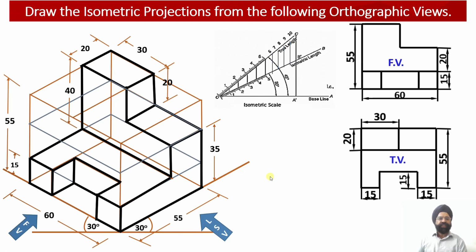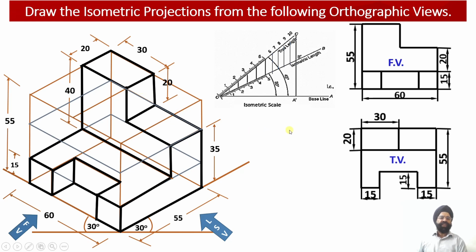Okay, so with this we have been able to complete the construction of the solid. And in the solid, as we had discussed, this is the horizontal web in which a rectangular slot has been cut, and there was another vertical web over here in which another rectangular slot had been provided.